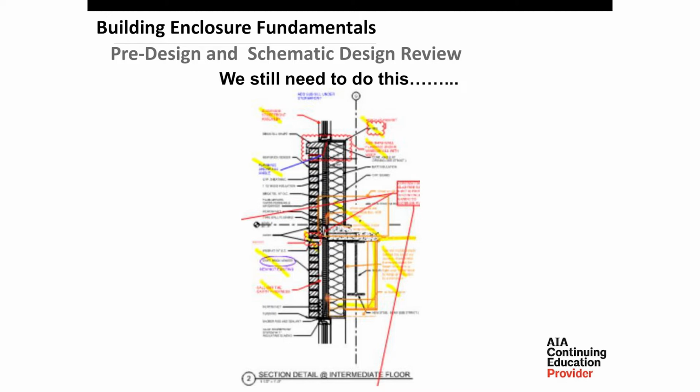Again, we talked about it a little bit before, those types of material issues, thermal envelope issues, R-value issues, U-value issues, things that the architect or the other members of the design team are not as focused on, at least at that early stage of the project.